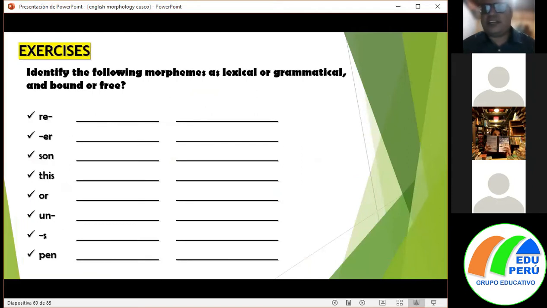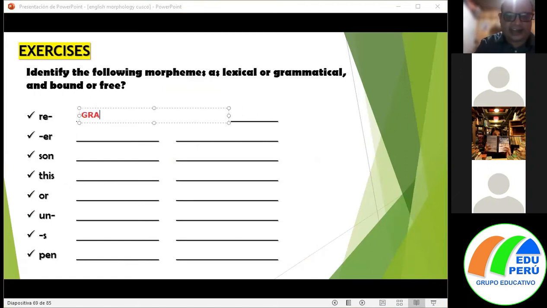Okay, so let's start with this exercise. Identify whether the following morphemes are lexical or grammatical, bound or free. Let's start with the first one, re. What is re? Lexical or grammatical? Grammatical, yes.